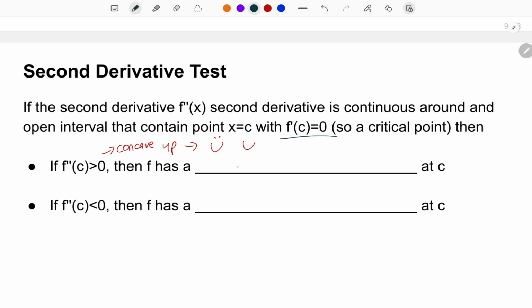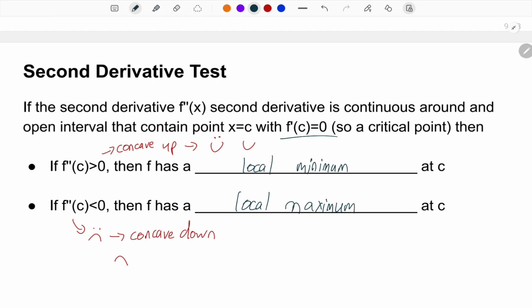Then f has a minimum, because you're at the bottom of that U. Let's just write that as a local minimum. And if you're negative, well, negative is sad, concave down, and then it's a local maximum because you're at the top of that particular upside down U.